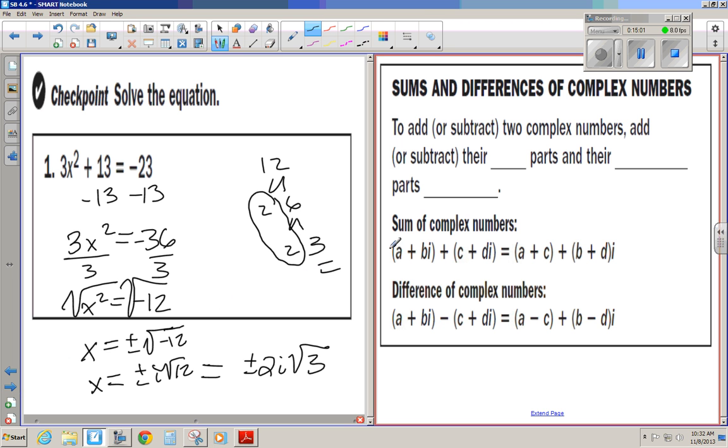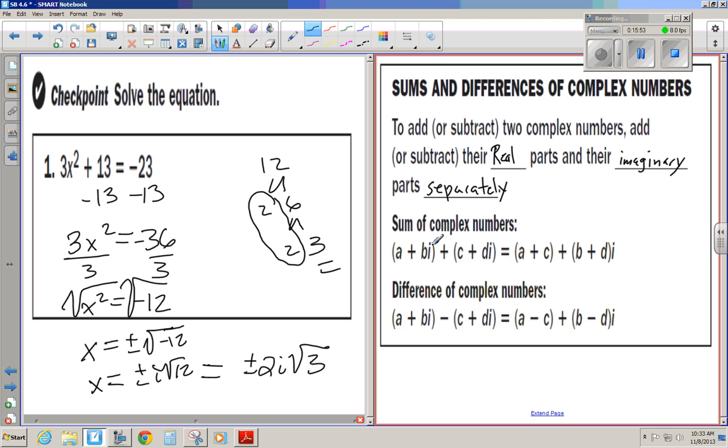All right, sums and differences of complex numbers. To add or subtract two complex numbers, add or subtract their real parts and their imaginary parts separately.